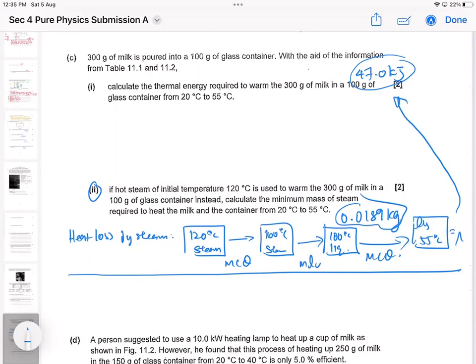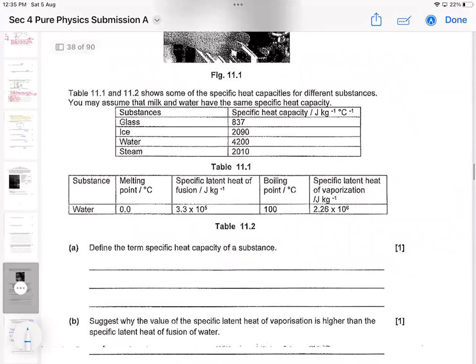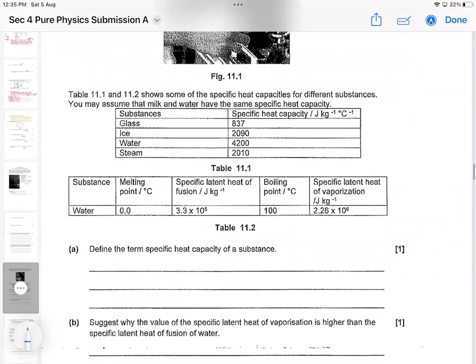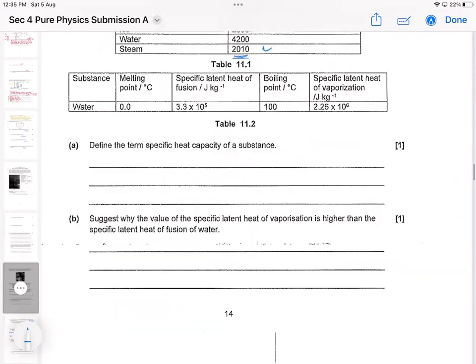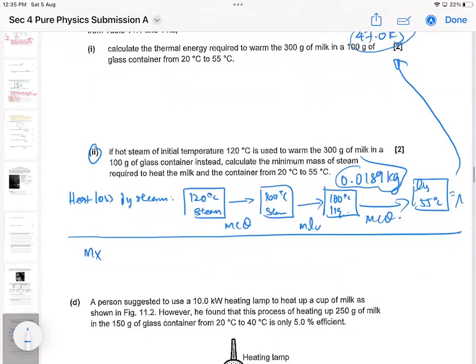So the first portion is mcθ for the steam. So m times the c of steam. Do we have the c of steam? Specific capacity, this is the one. And for steam it is 2010. So for the first part here in blue, this is 2010 multiplied by 20 degrees.